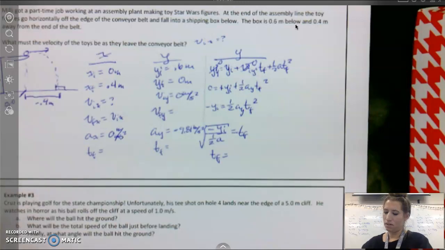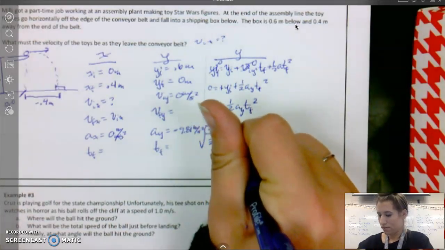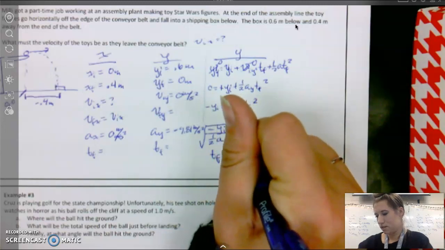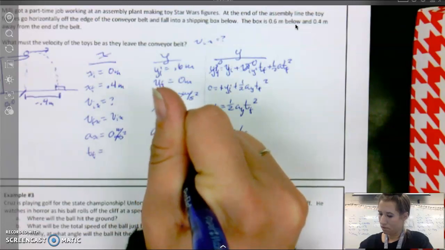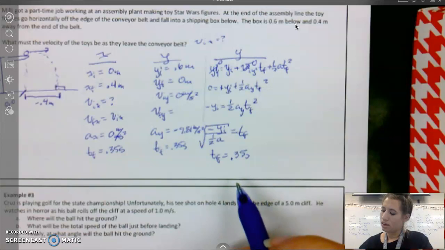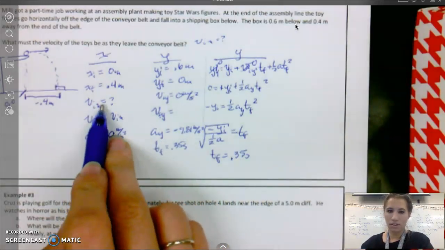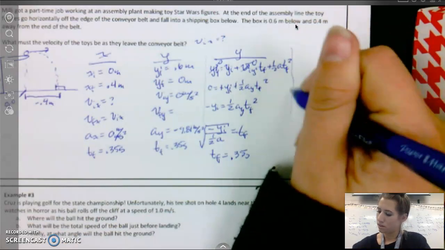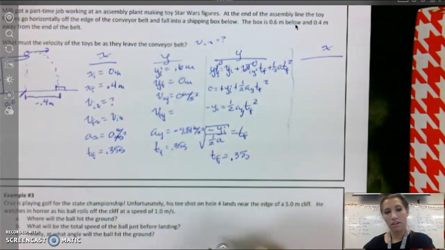Okay, so we have a time of 0.35 seconds. Okay. And now what we want to do is solve for velocity initial in the x. Okay. So here's my work for the x direction.